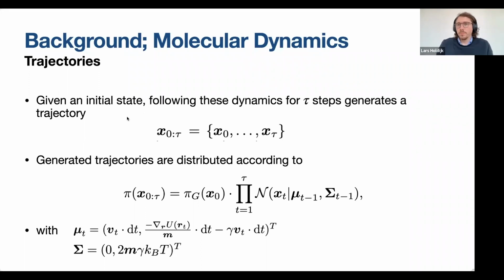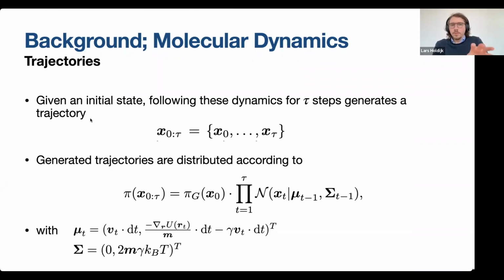This is just the initial distribution of our starting states, and then a transition distribution at every time step. And this transition distribution is determined by this stochastic differential equation that we just saw before.